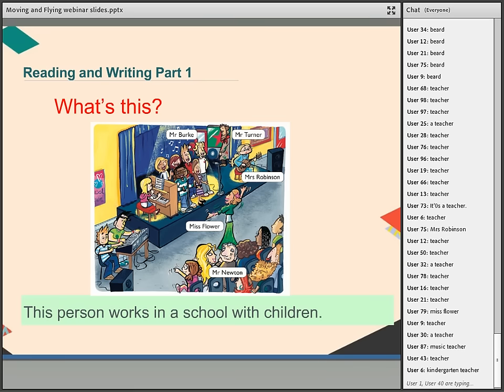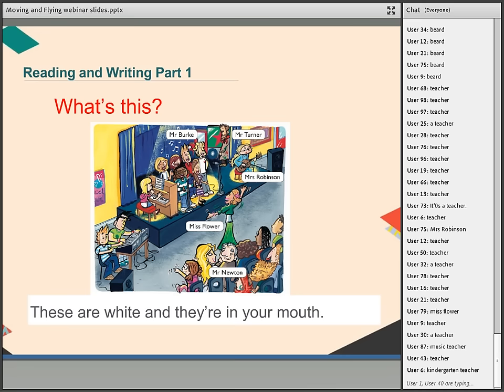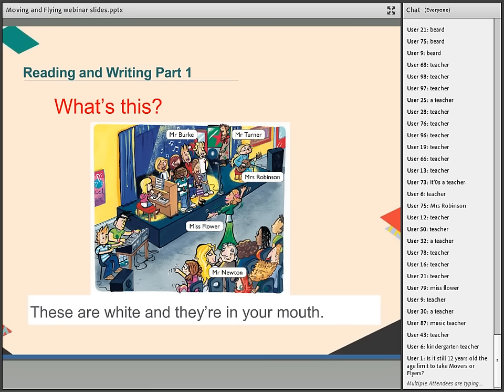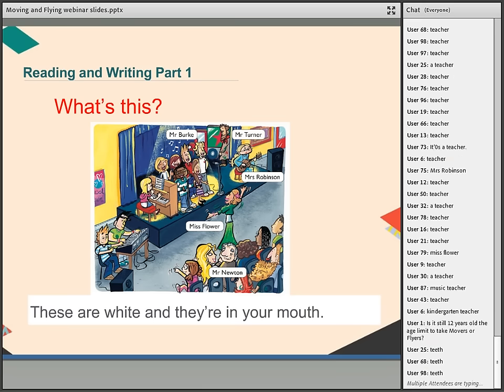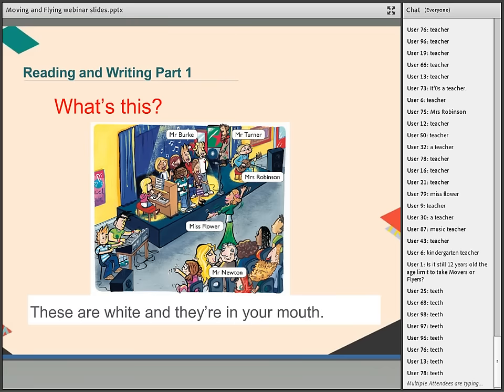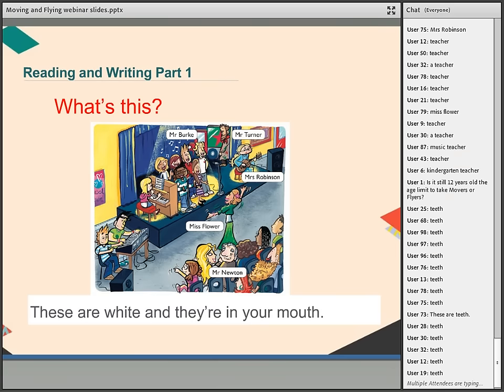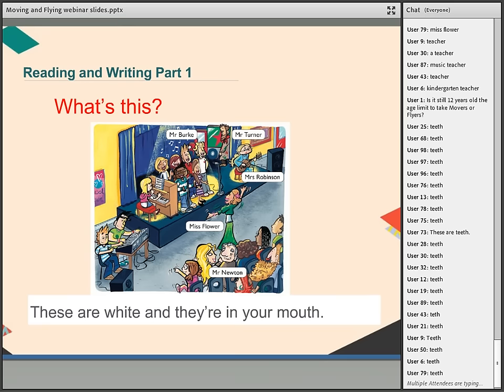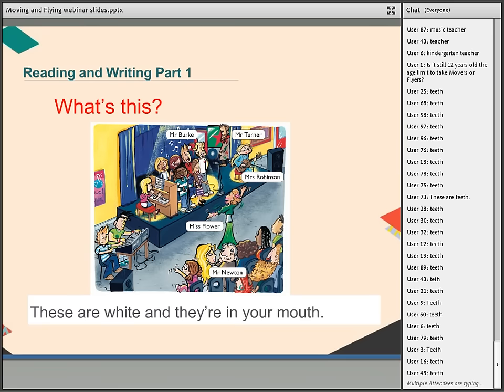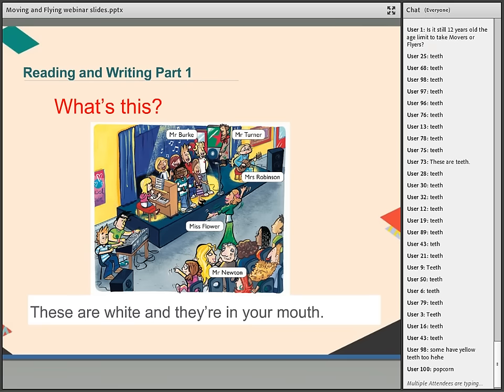And finally, these are white and they're in your mouth. Yeah, they're your teeth, okay, that you use to eat your food. Popcorn. Okay, no, it's not popcorn, they're teeth.